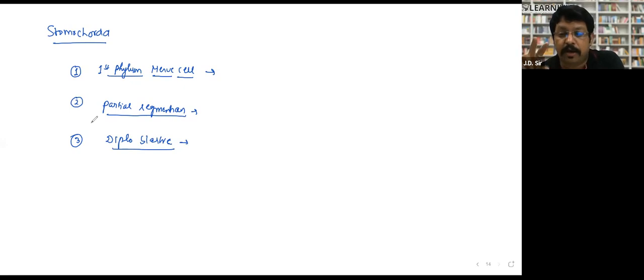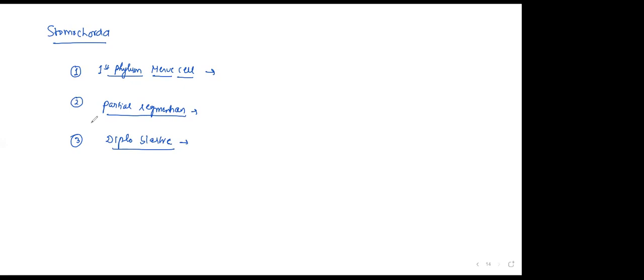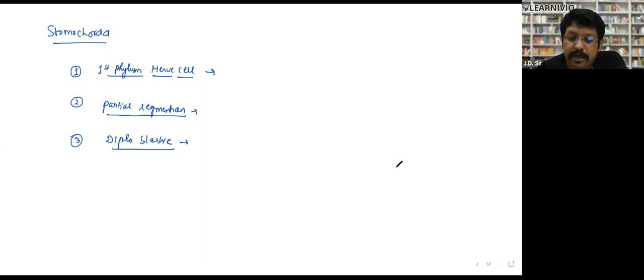Between the ecto and endo, they have a non-cellular layer filled with non-living material. What do we call that layer? Mazia, what do we call that here?